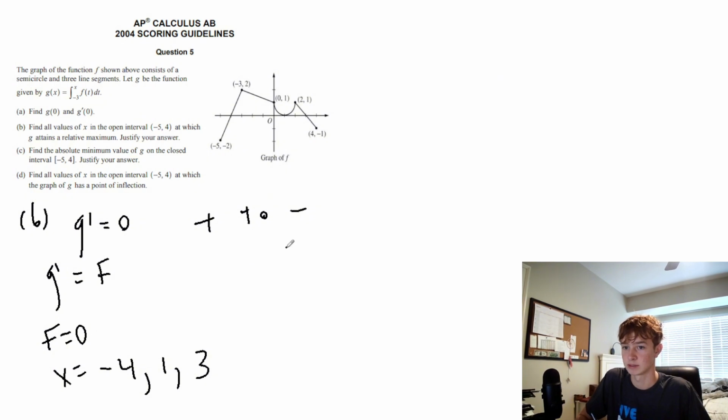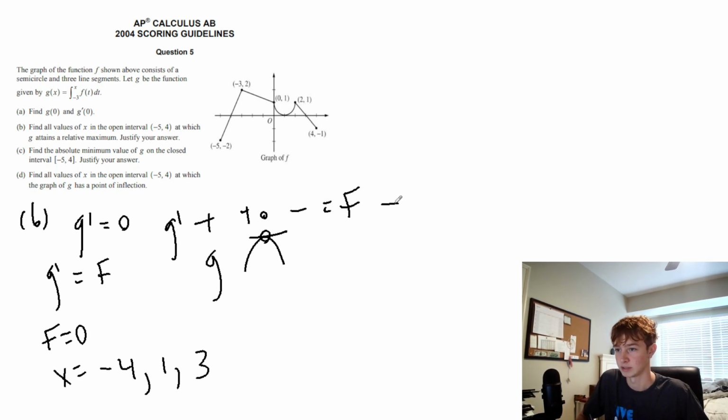If g prime is changing from positive to negative, g is changing from increasing to decreasing, right? And that's what our relative max is. So if g prime is equal to f, then we have to find where f changes from positive to negative.